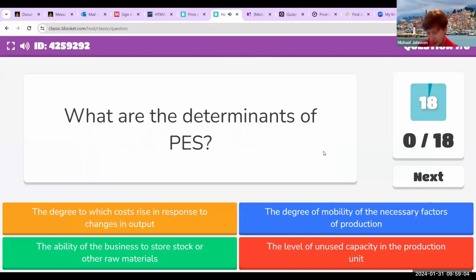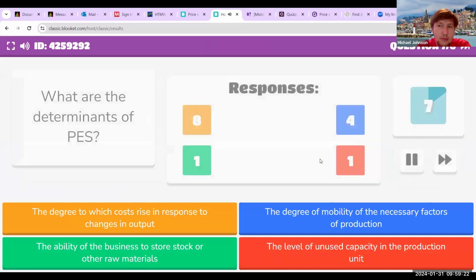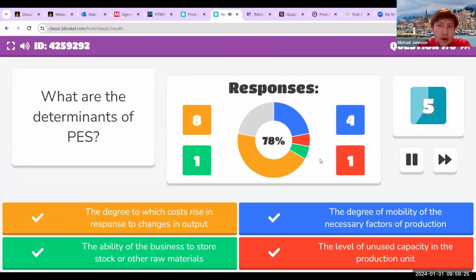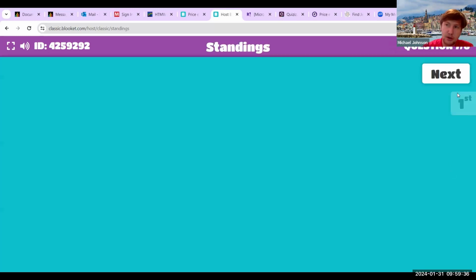Then what are the determinants of price elasticity of supply? The degree to which costs rise in response to changes in output, the degree of mobility of the necessary factors for production, the level of unused capacity in the production unit, and the ability of the business to store stock or other raw materials.